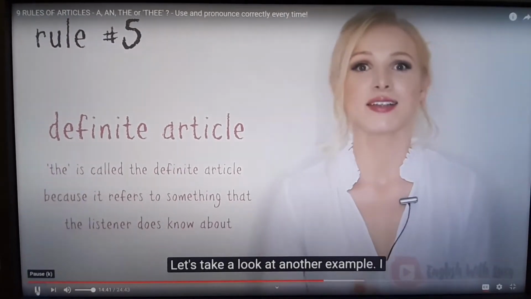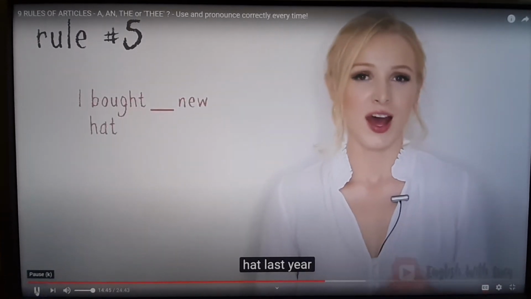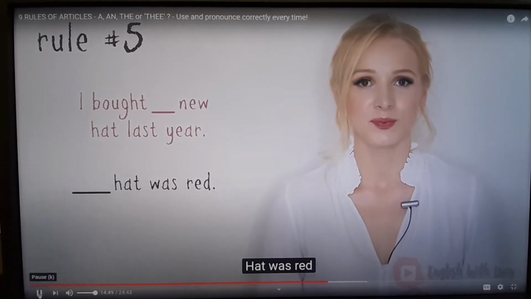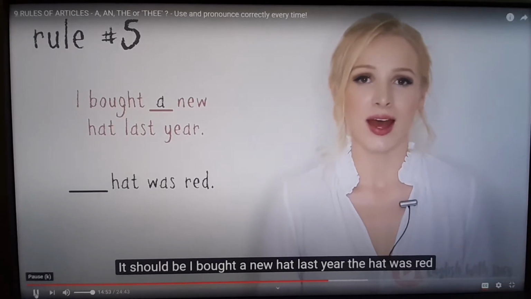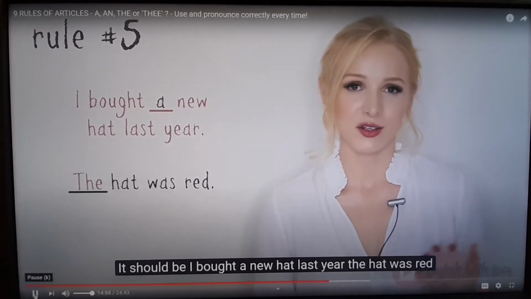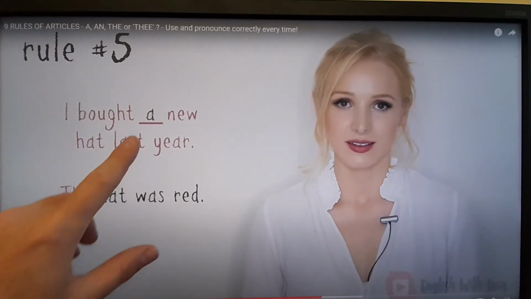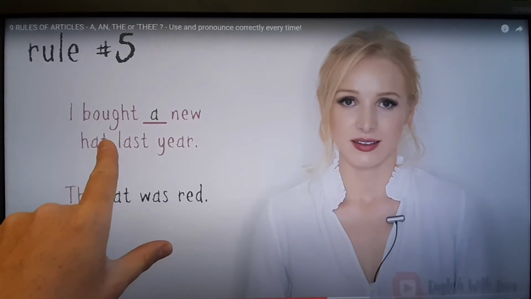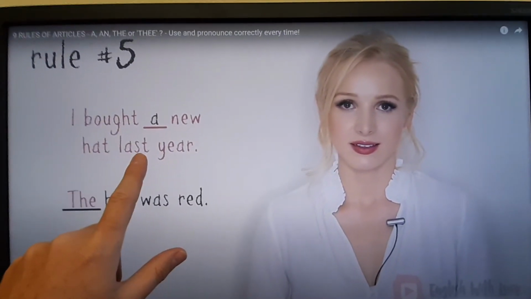Let's take a look at another example. I bought new hat last year. Hat was red. It should be, I bought a new hat last year. The hat was red. Okay, so you can see, first time she spoke, she's introducing the subject, a new hat, so it means some kind of hat.